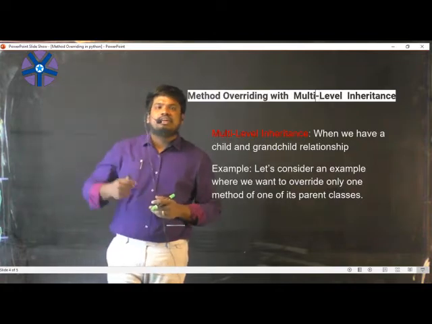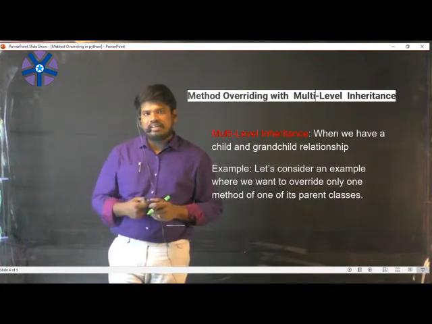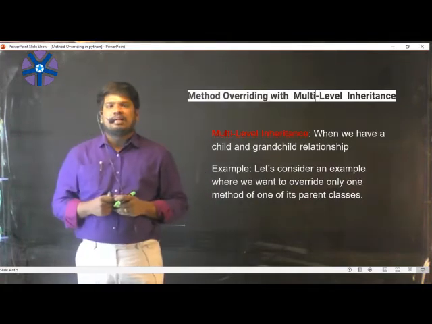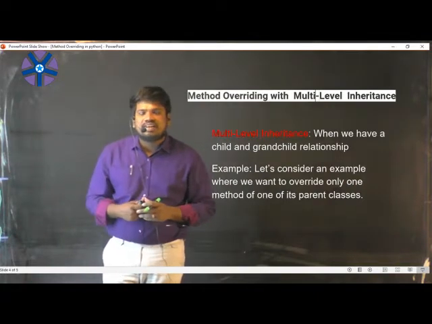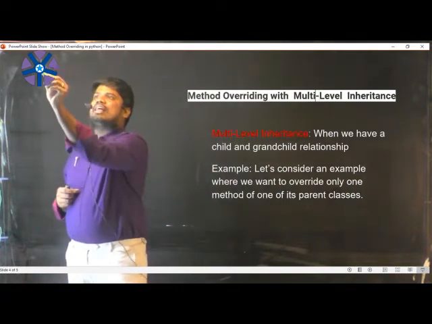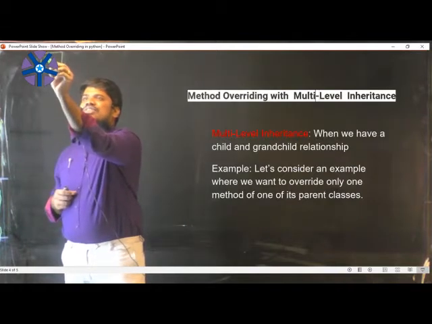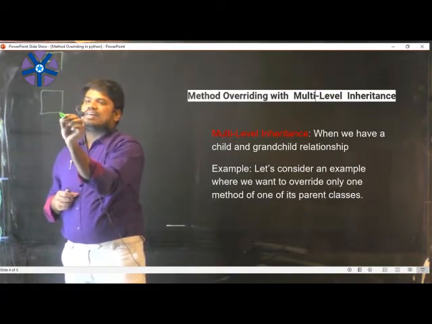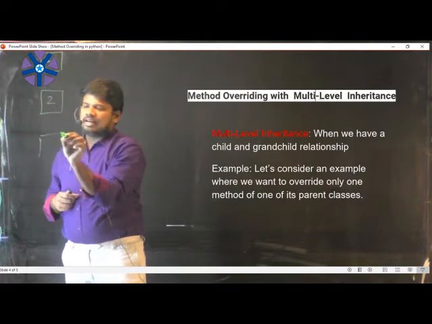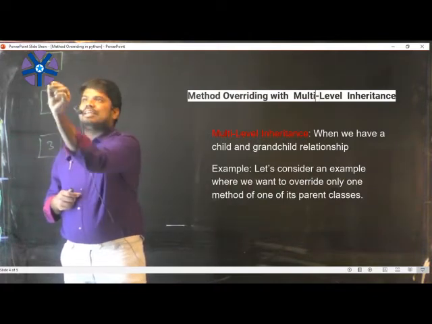So before going into multi-level inheritance, with a small pictorial representation, I want to show you how a multi-level inheritance will look. In the multi-level inheritance, I'm having one class number 1, and next I'm having a class 2, and last I'm having a class 3.